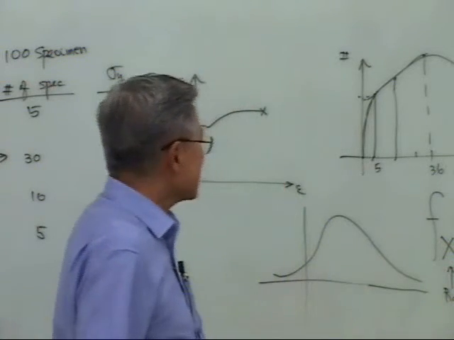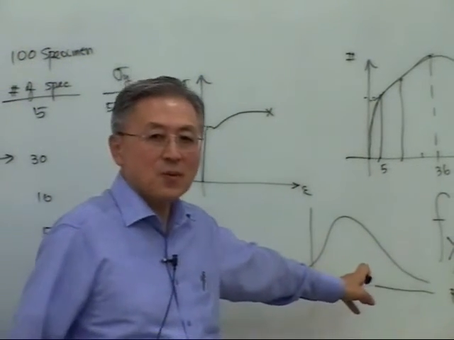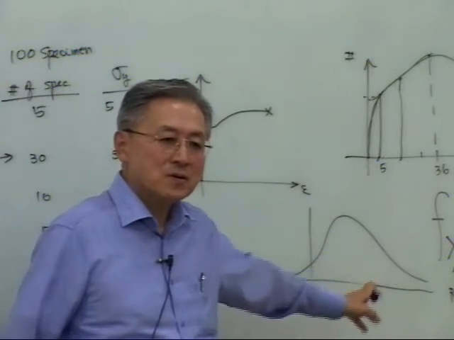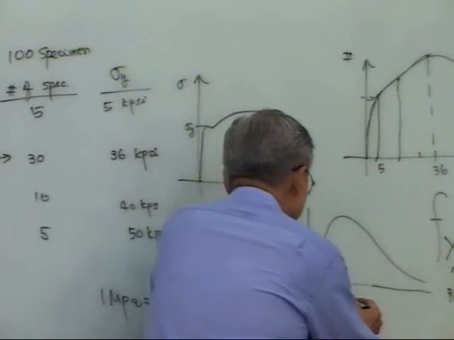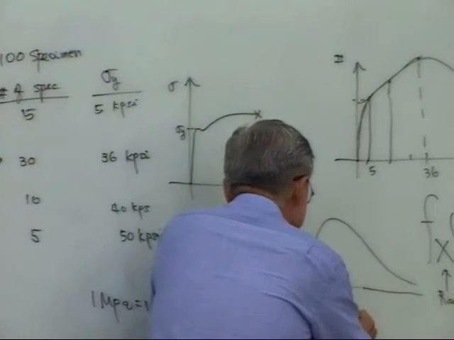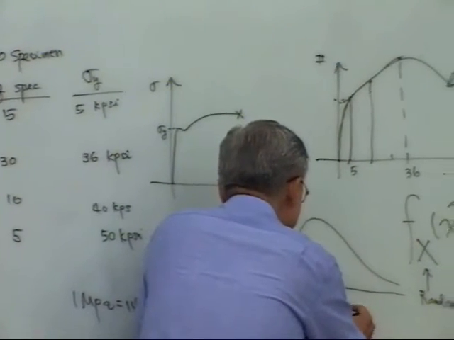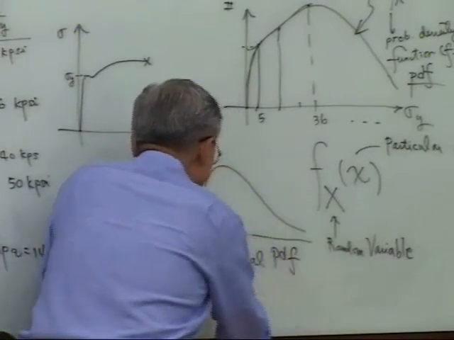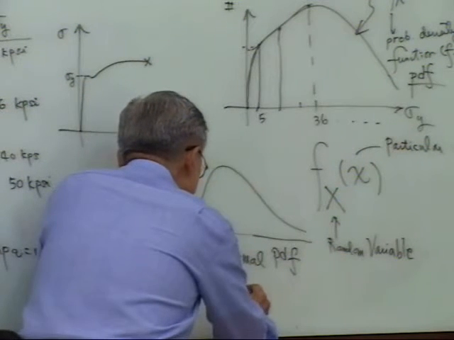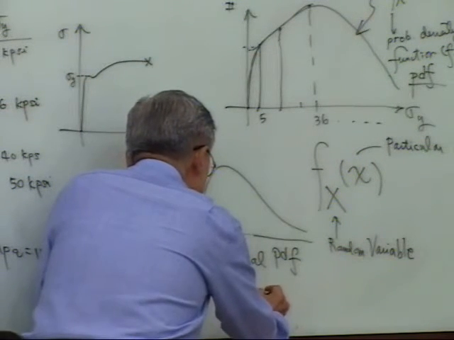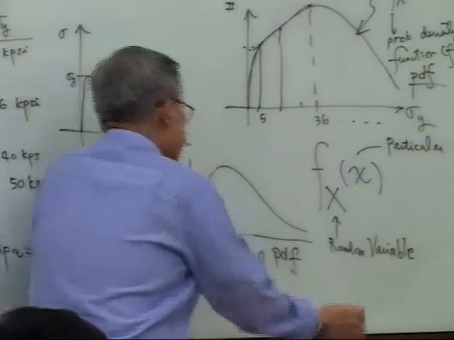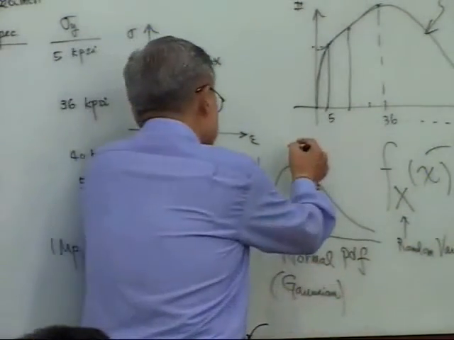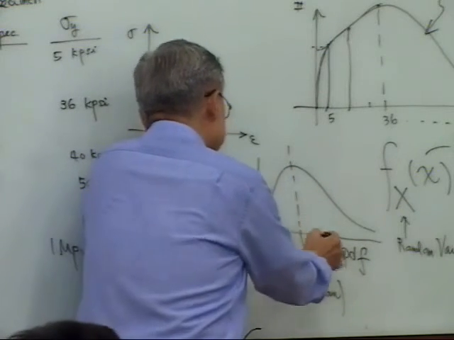So it's a normal probability density function, or the Gaussian, named after a person. The Gaussian probability density function is symmetric about the center.